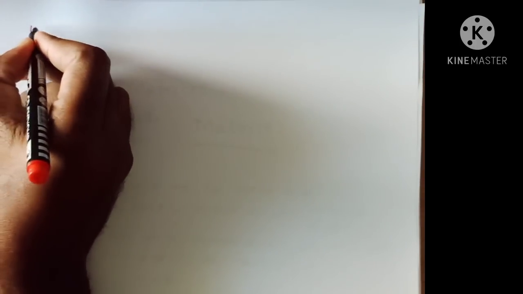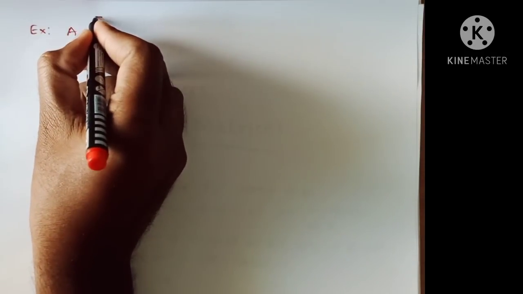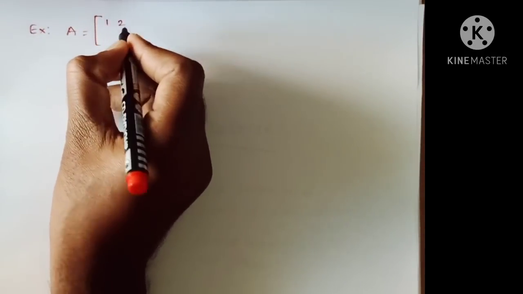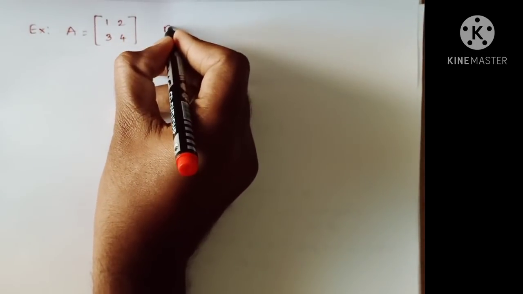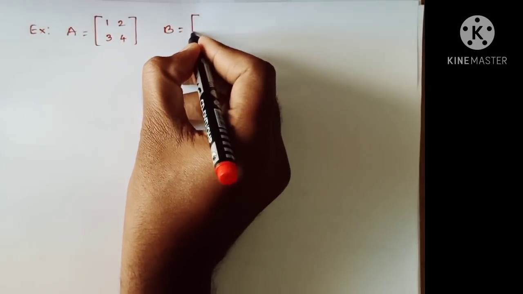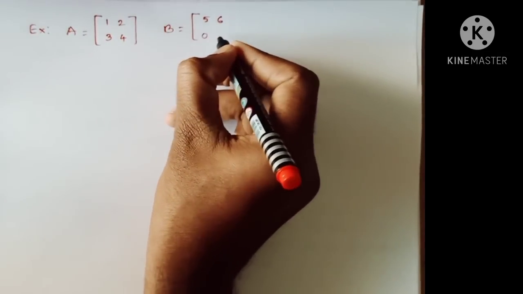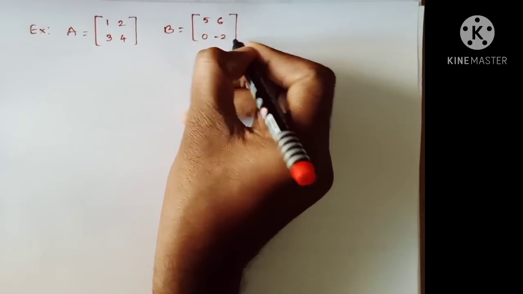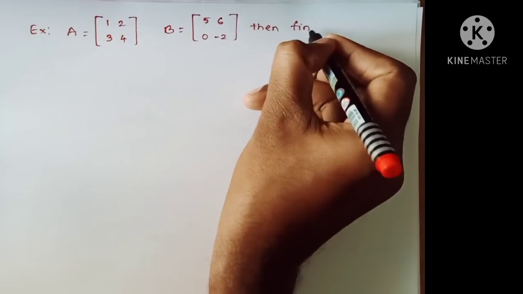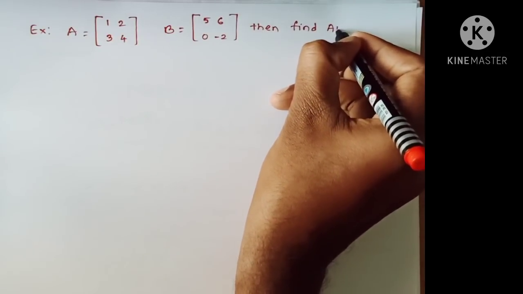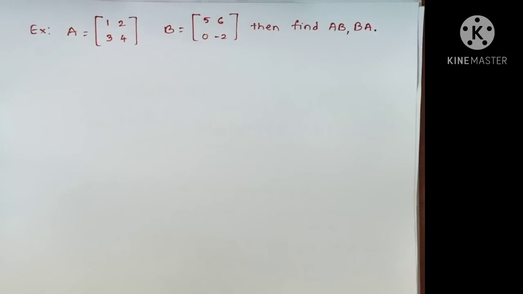So one more example. A is equal to 1 2, 3 4 and B is equal to 5 6, 0 minus 2. Then find AB and BA.